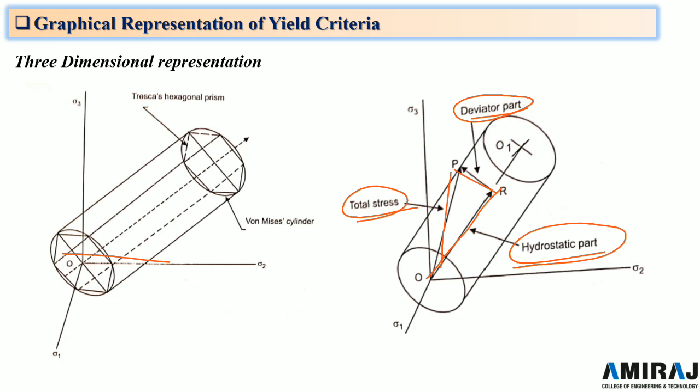Now, if the stress point P lies on the yield surface and the stress increases in the direction tangential to the yield surface, we shall only move from one state of yielding to another state of yielding, and hence no plastic deformation occurs. Plastic deformation occurs only when P lies on the yield surface and the incremental stress vector is directed outside the von Mises cylinder or Tresca's hexagonal prism.